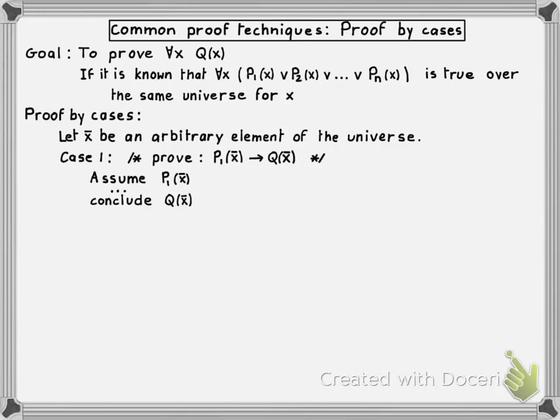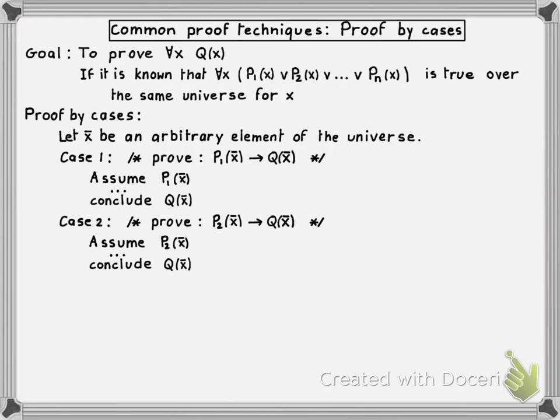And that concludes the first subproof. We then turn to case number 2, for which we must prove that if p2 of x bar holds, then q of x bar must also hold. Similarly, we assume to start this subproof that p2 of x bar holds, and then we go ahead through some proof to conclude that q of x bar holds again in this case.